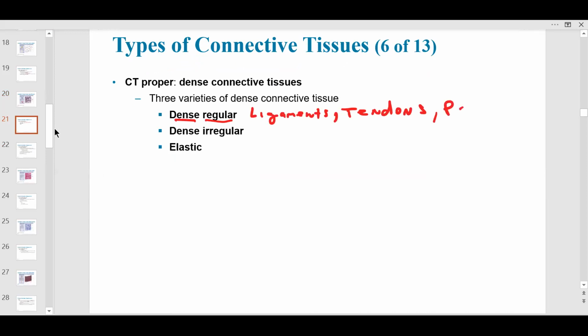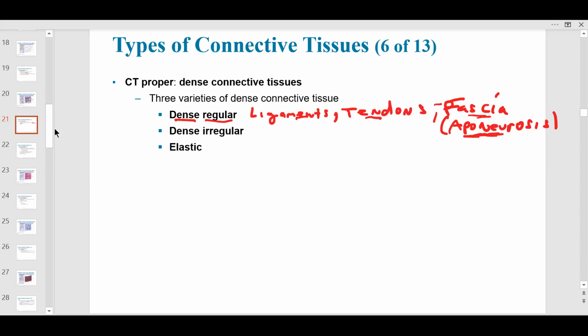And fascia, also known as aponeurosis, connects muscle to muscle. And it's not fat, it's protein, it's dense regular connective tissue. So it continues all the way through the muscle fibers, which you'll learn in muscle, how this fascia is kind of an extension of a tendon into the muscle itself. But those are what you should remember for dense regular.